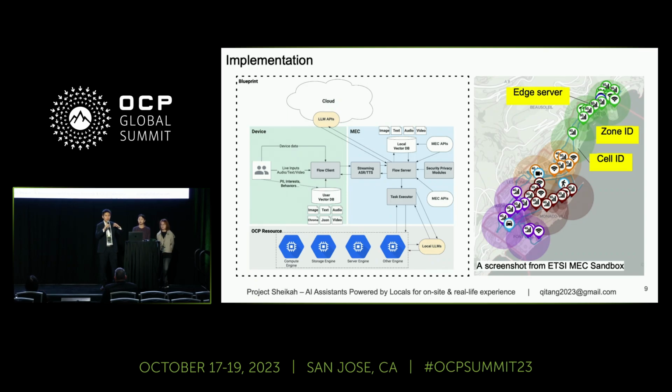We do a layer of wrapping: we query the custom database, add it to the user input, connect them together, and send it to the cloud side, which is the large language model, which gives a response. I think I will hand over to Yi for more information.